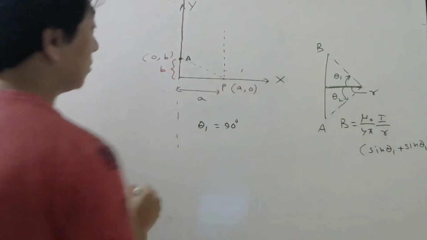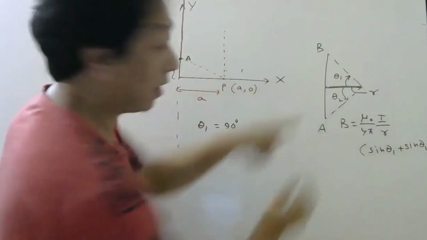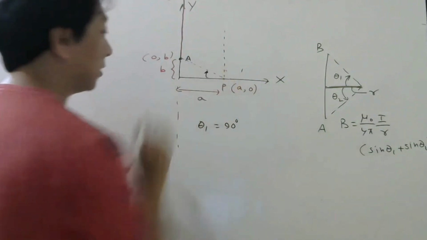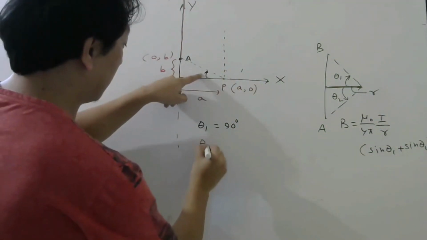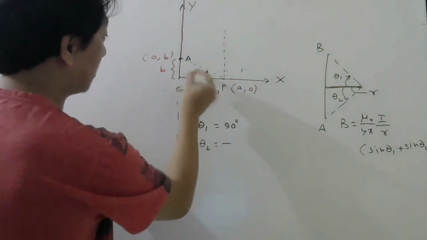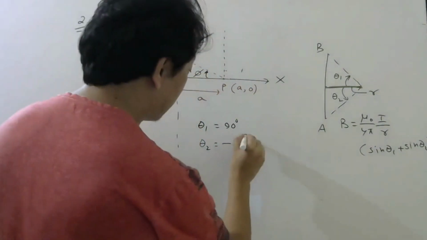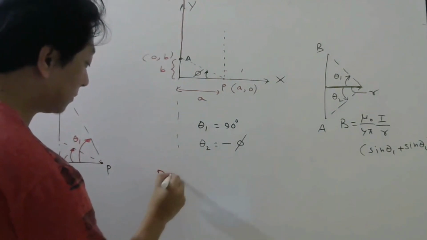Now theta 2, in my formula I have shown this way, but here theta 2 will be this. Yes or no? So theta 2 should be taken to be minus of whatever this angle is. Let us call this angle phi. So theta 2 should be written as minus phi. So what will be the magnetic field?